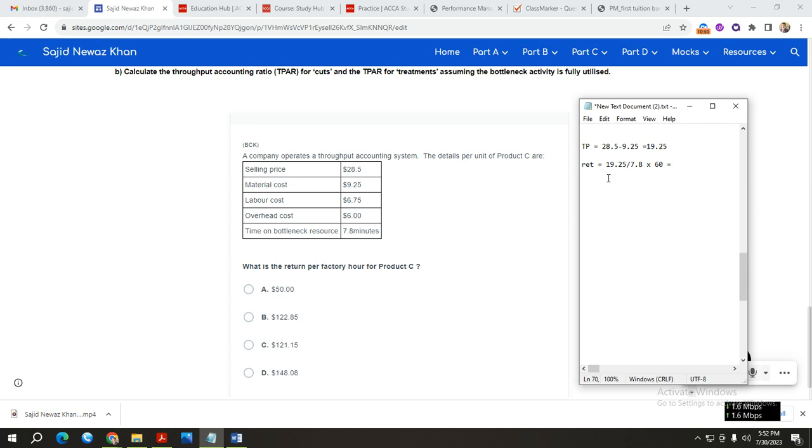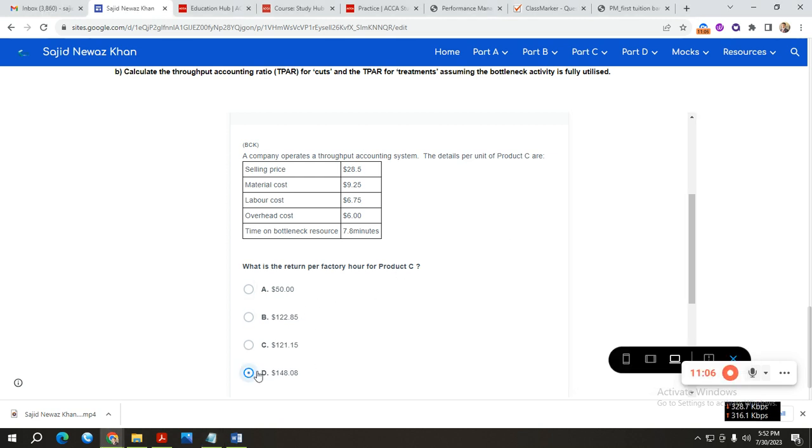If it is in minutes, this is the best way to go about it if you want to convert it to hours. That basically gives us 148.08. So the answer should be this.